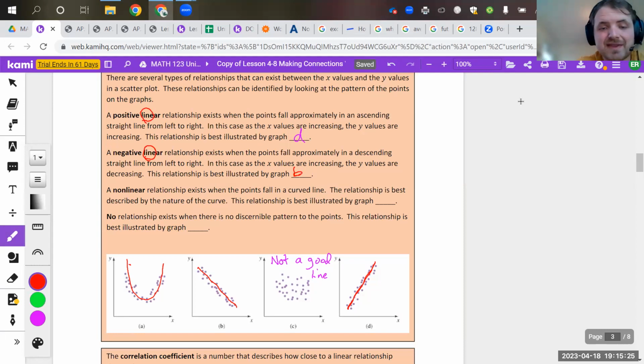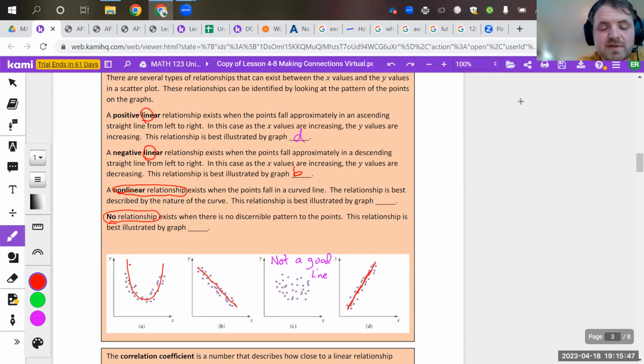And then nonlinear, okay? So there can still be a relationship. The last two are nonlinear relationship, so not a line, and then no relationship. We don't want to say no to A because there is some kind of thing happening. The data is telling us something.